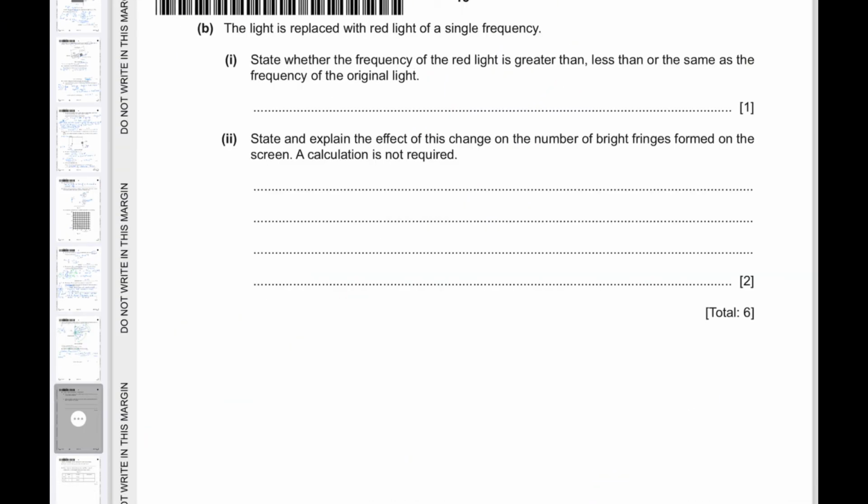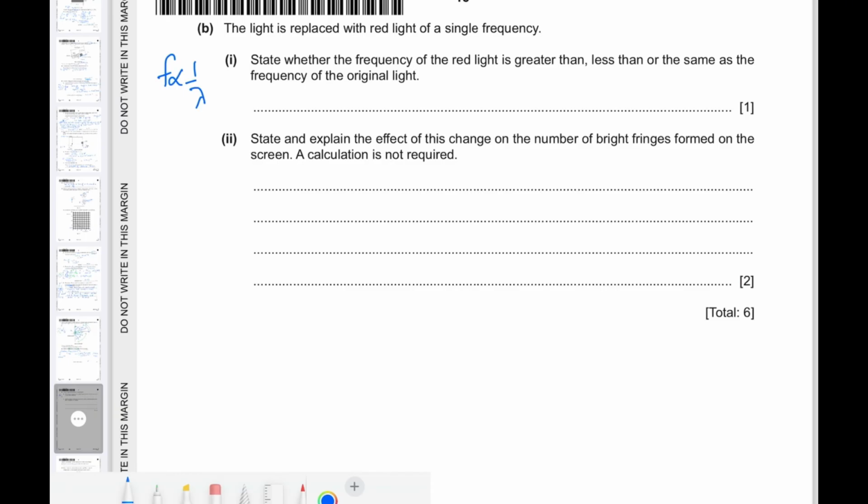B. The light is replaced with a red light of a single frequency. State whether the frequency of red light is greater than, less than, or the same as the frequency of original light. Frequency is inversely proportional to the wavelength.